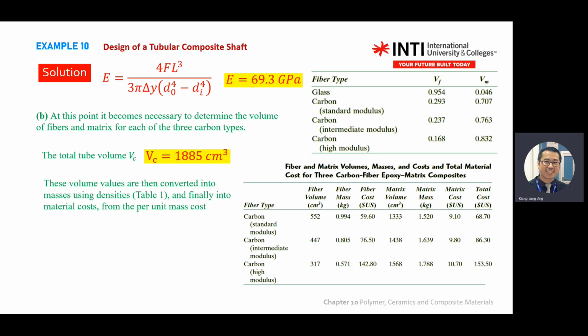You do the same for the other two sets, you can make a decision already. Because these three are suitable for all the mechanical properties, this table tells you on the costing side which one to choose for the lower cost, because in the business world, cost is everything. So in this case, very straightforward, the lowest cost is carbon standard modulus. Fiber type, you use this one.